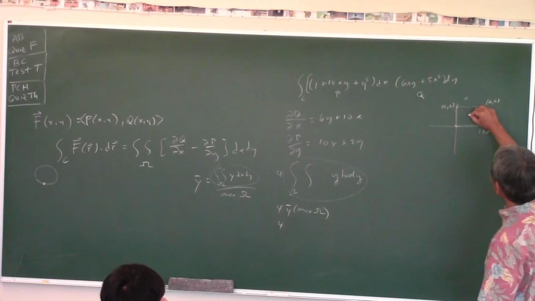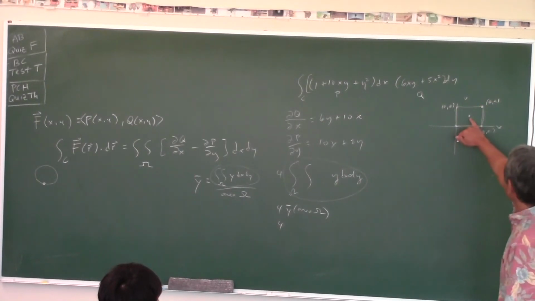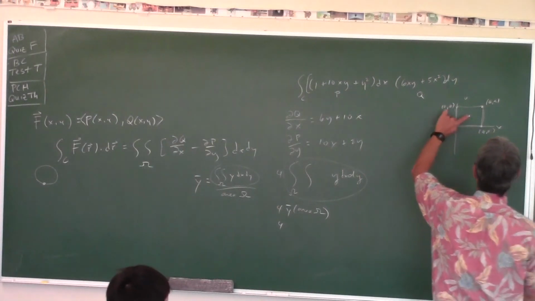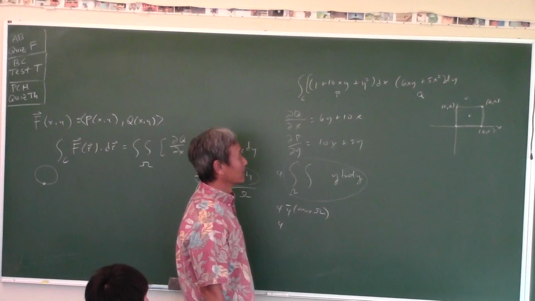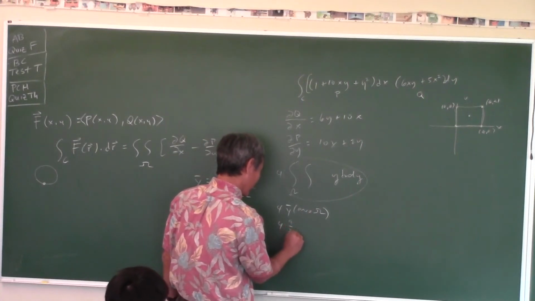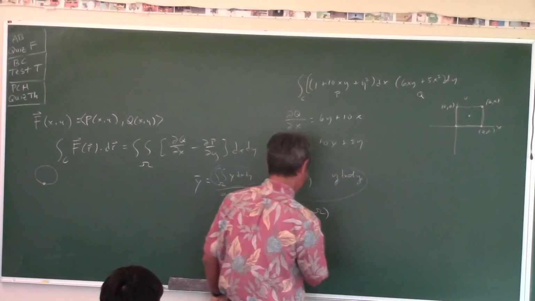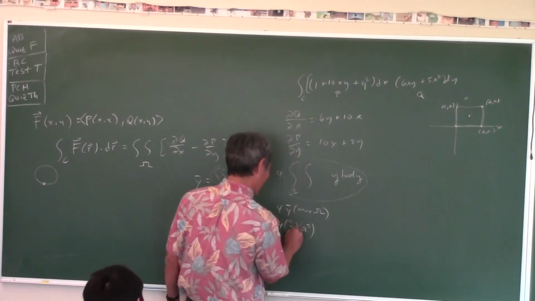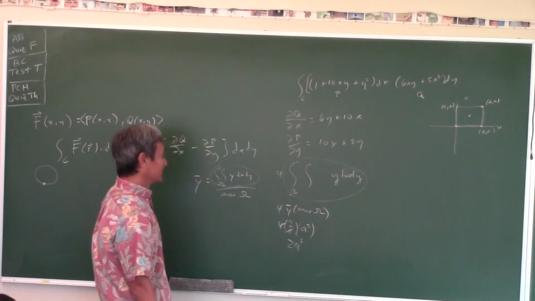What would the y-coordinate of the centroid be? a over 2. a over 2 times the area of this region, a squared. And so what is that going to be? 2a cubed.